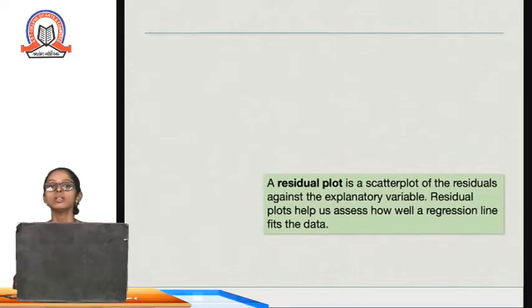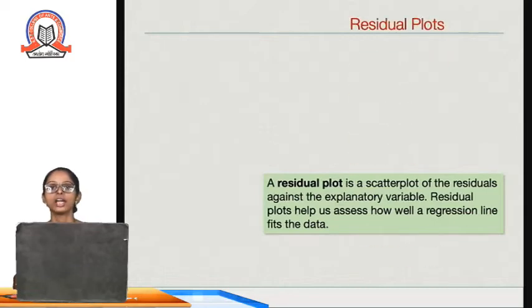A residual plot is a scatter plot of the residual values against the explanatory variable. A residual plot helps us assess how well a regression line fits the data.